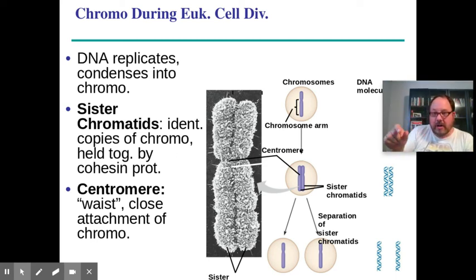Now, there is a characteristic region within a chromosome called the centromere. I just think of the centromere as being in the middle. It's sort of like a narrowed waist. So it's really just a demarcation or landmark within the chromosome. The centromere will actually differ between chromosomes.